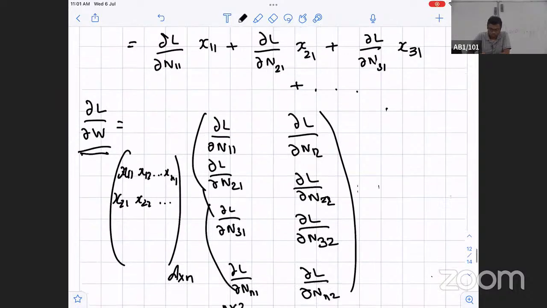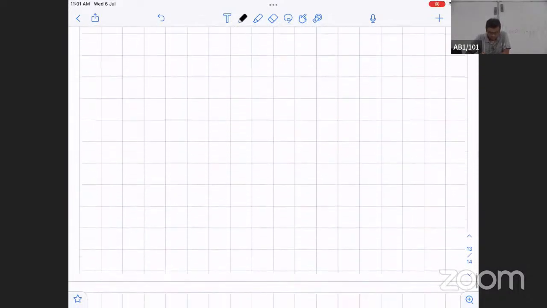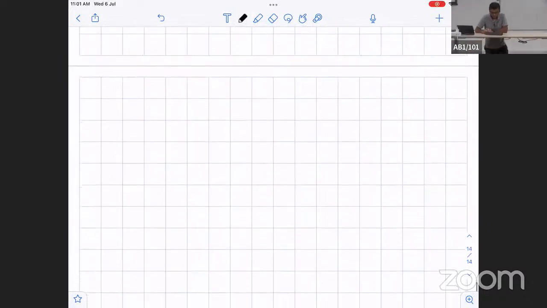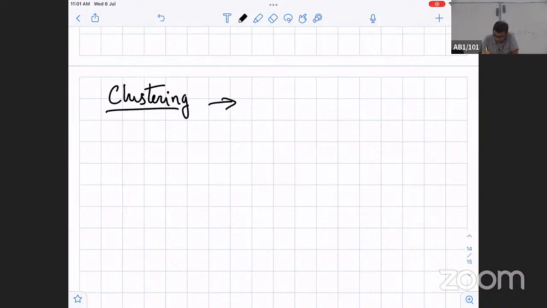Okay, so let's start the next topic, which is on clustering. So we will begin the next topic, which is on clustering. So clustering is an unsupervised learning algorithm.